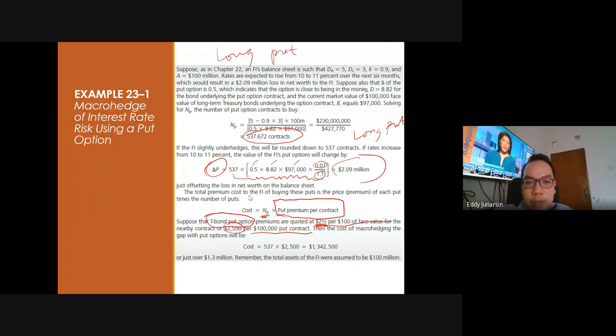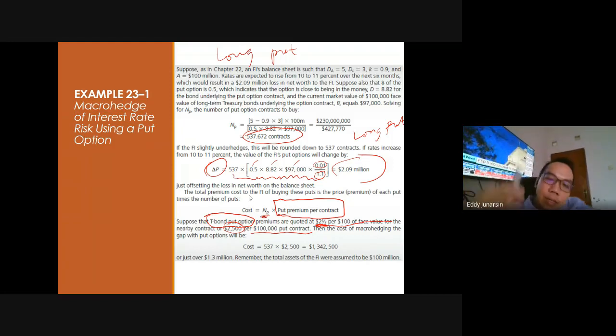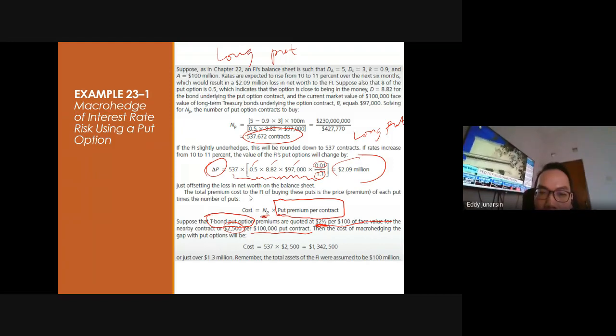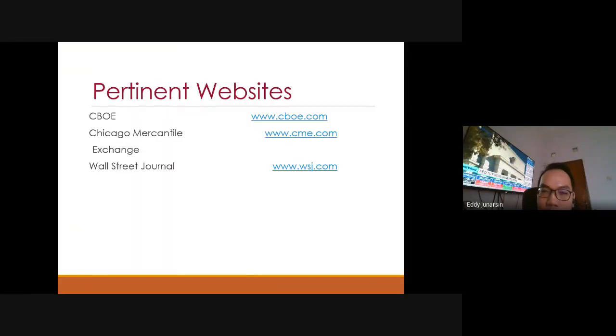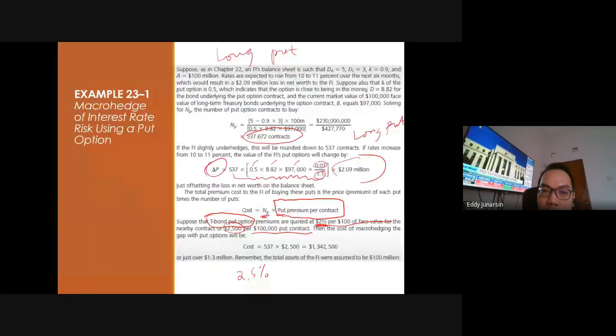And again, if you are taking a long put position in the T bond, the contract size is $100,000. Because the size per contract is 100,000, 2.5% of 100,000 is 2,500.